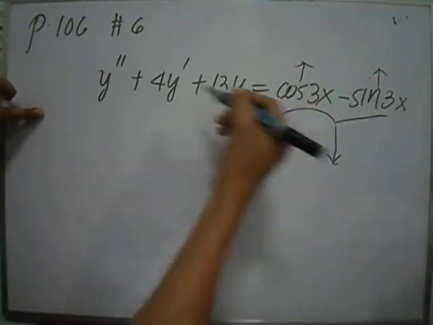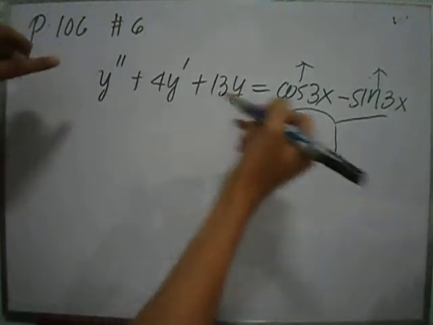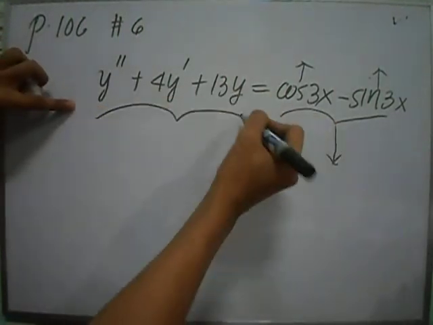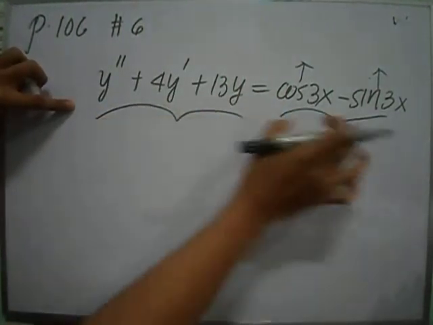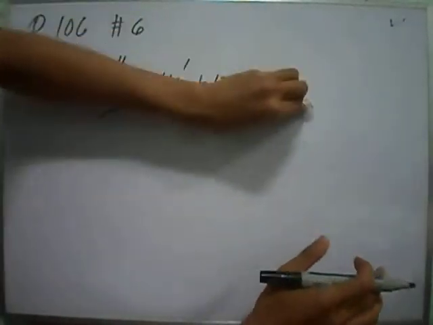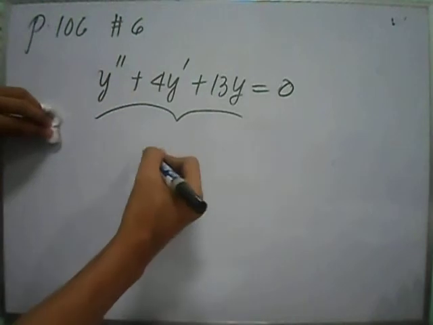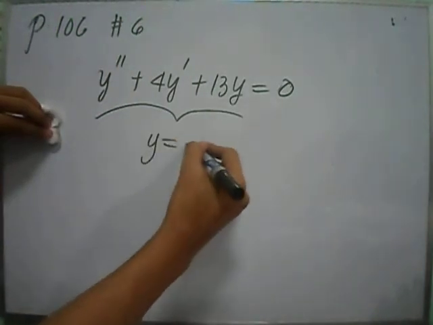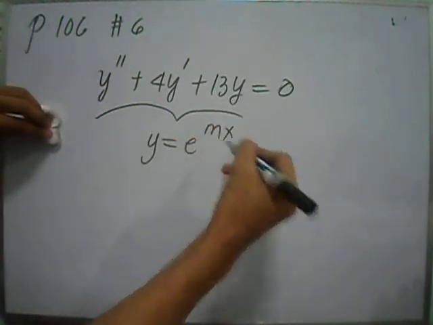But first, let us resolve the y complementary solution of the differential equation by equating this term here to 0, and then we use the substitution y equals e to the mx.